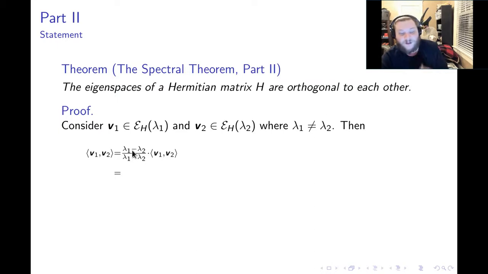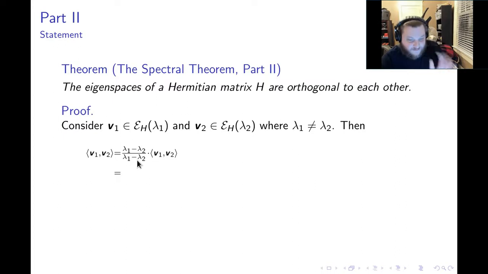But we're going to represent 1 as lambda 1 minus lambda 2 divided by lambda 1 minus lambda 2. This is a legitimate expression because part of our assumption is that these 2 eigenvalues, lambda 1 and lambda 2, are different, which means the denominator is not equal to 0.